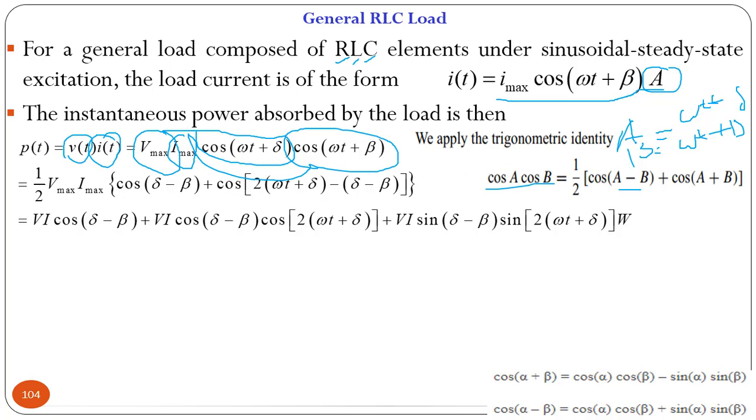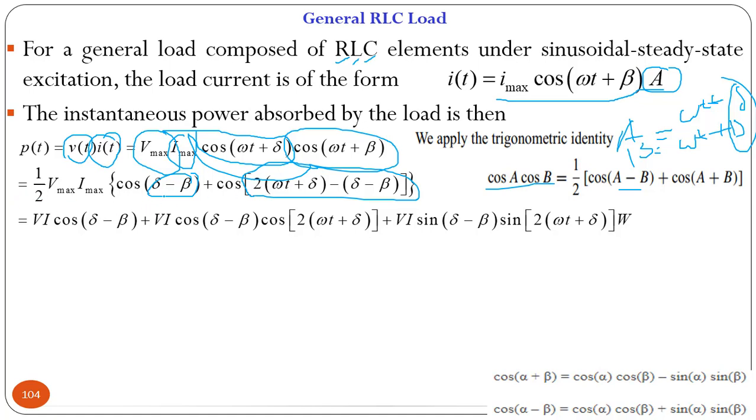When we subtract B from A, we have sigma minus beta. And when we add both values, we get 2 omega t plus sigma plus beta, which is equal to 2 times omega t plus sigma minus beta. This is for simplicity of analysis.